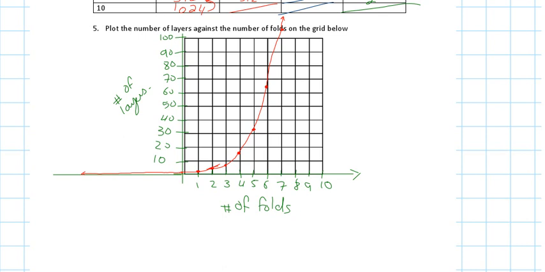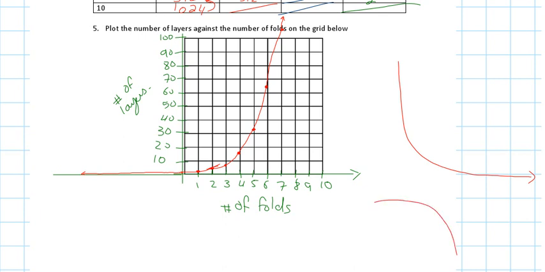With exponential, you'll always have this scenario, no matter which way it goes. You will always have something fast and then slow, or something slow and then fast.